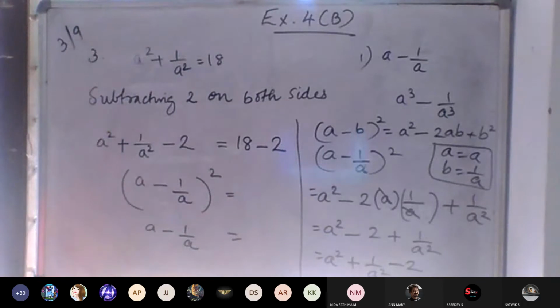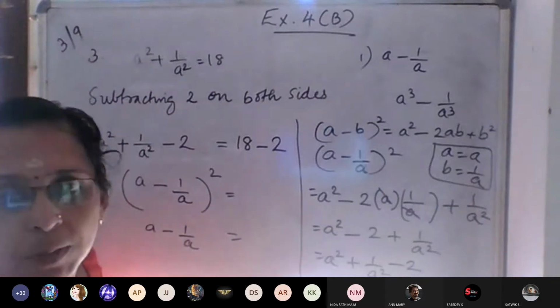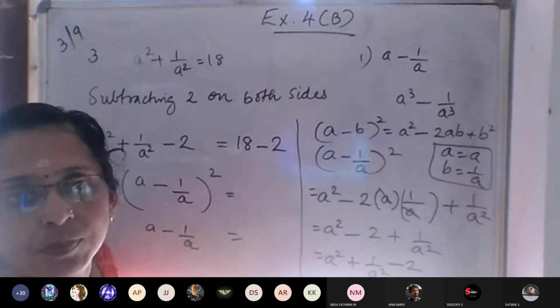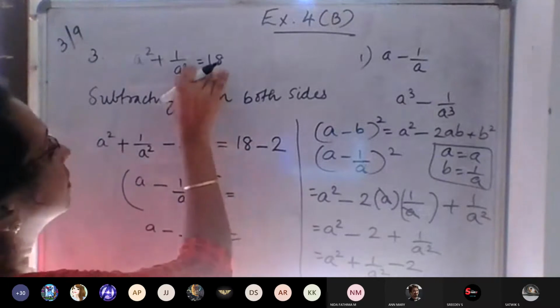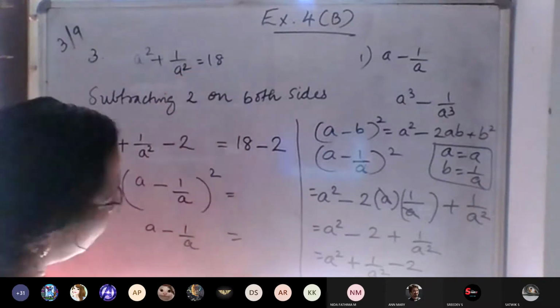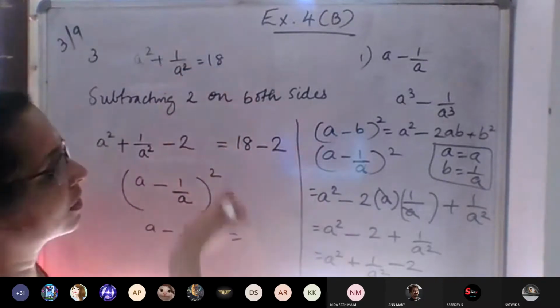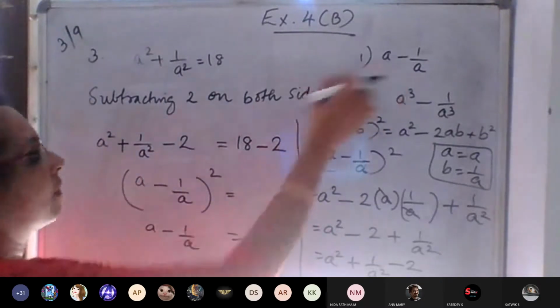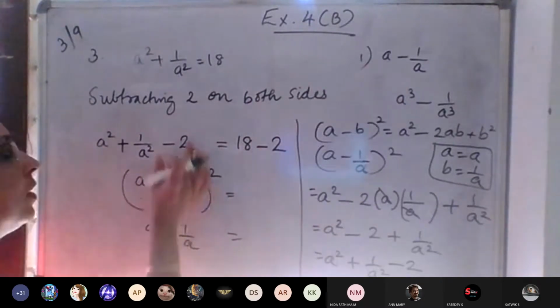Understood this or not? What we are doing? If you have any problem finding this directly, just go from down onwards. Then you will get an idea. We need a minus 1 by a. For that, what are the things we need?